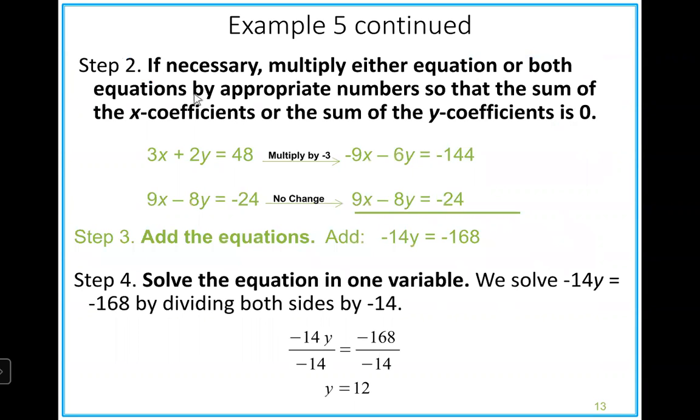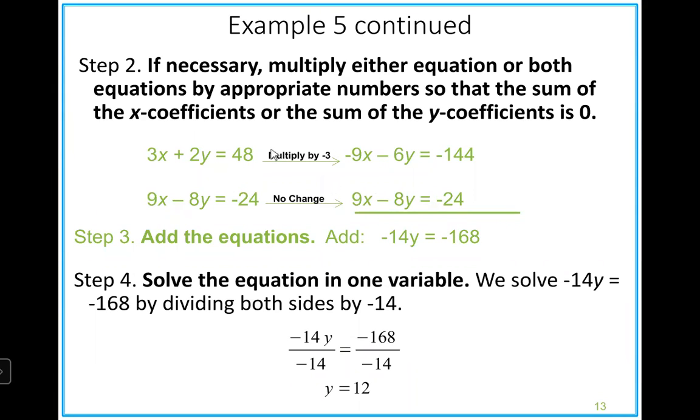So now step 2 is where you have to do that multiplication. What they did here is they multiplied the first equation by -3. That way, you end up with a -9 in front of this one. And when you add -9 to +9, you're going to eliminate the x's.